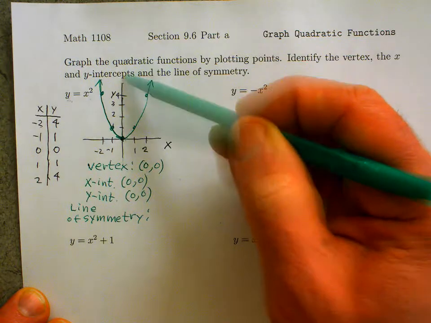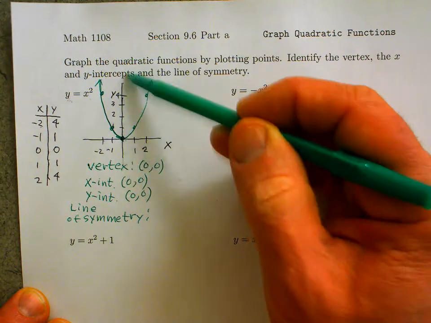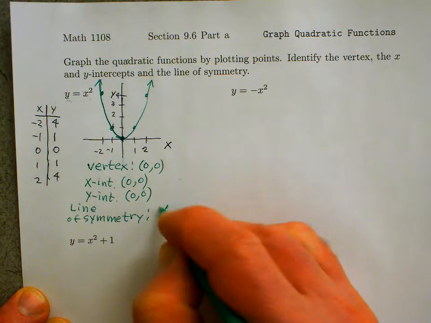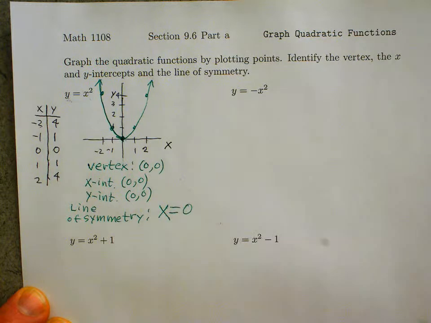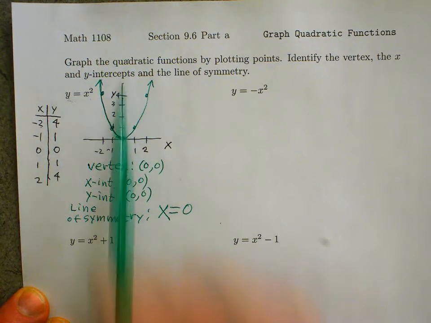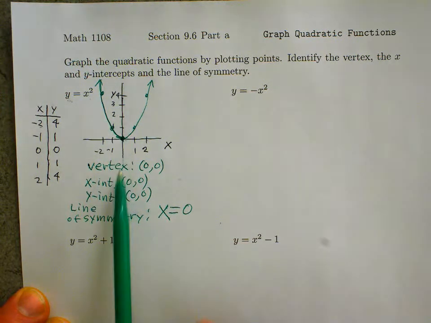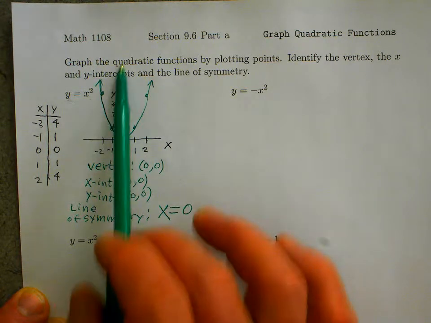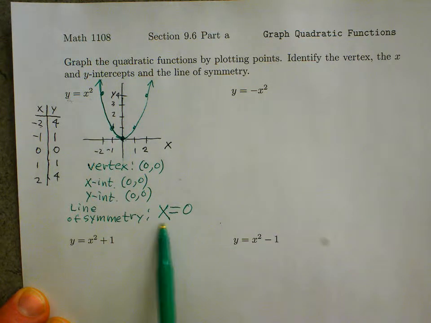So the y-axis is the vertical line of symmetry, but what's the equation for the y-axis? X equals 0. So the equation for the y-axis is x equals 0. The reason is that every point on the y-axis has an x coordinate of 0.